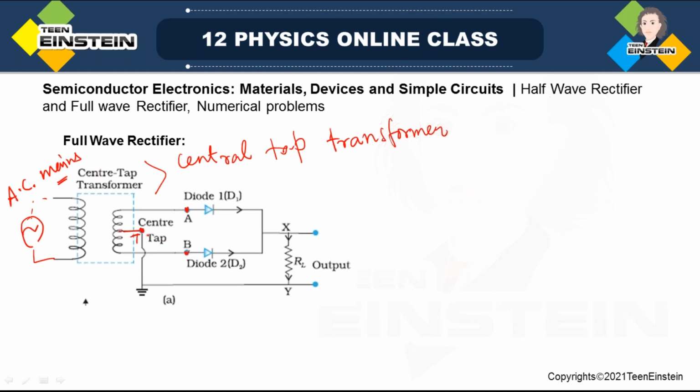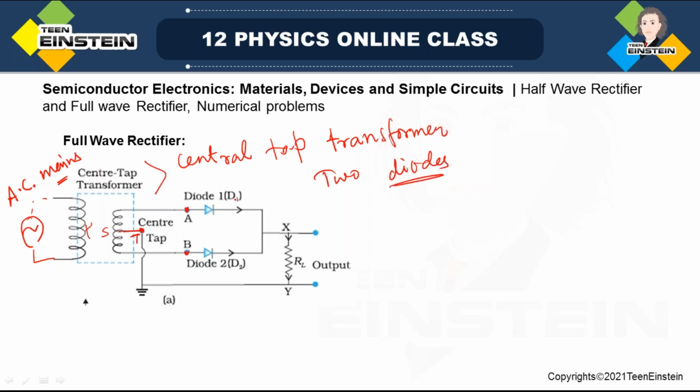Now we have another terminal called the center tap on the secondary coil. This is the secondary, this is the primary coil. In this case also, by the induction process, the AC signal will be induced across the terminals of the secondary coil. And look, now we have used two diodes instead of one.